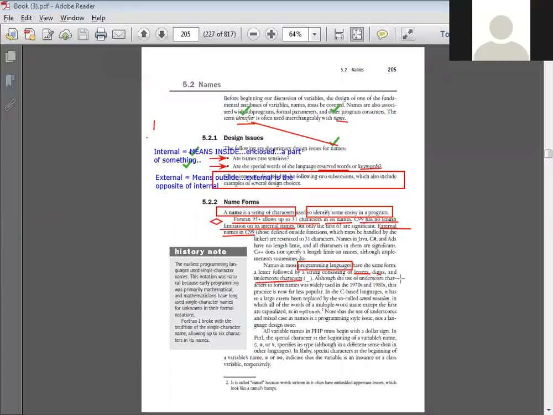Although the use of underscore characters to form names was widely used in the 1970s and 1980s, that practice is now far less popular.